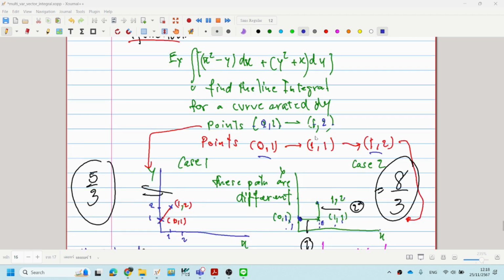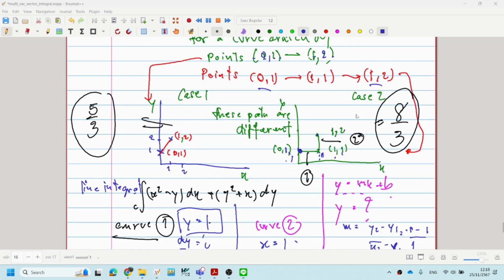In this case, I keep the start point and the end point the same as the previous example. Another example: if I put an intervening point between 0, 1 and 1, 2, it becomes this graph.